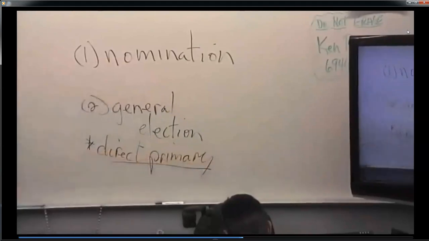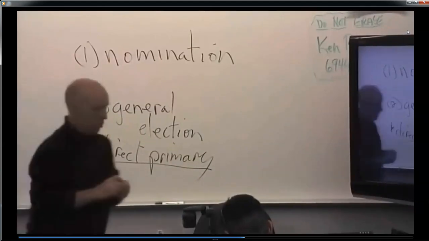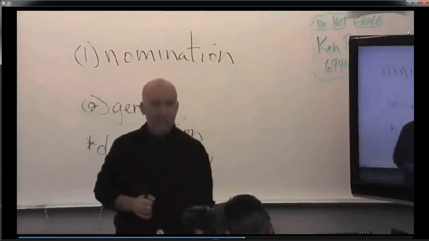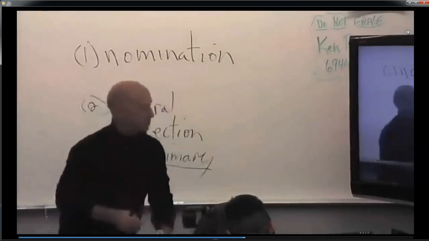This nomination process is what we call a direct primary. So make a note. Okay, put a little asterisk by that or underline it or something. And hang on to that, because as we talk about this process as it pertains to presidential elections, you'll want to be able to make that distinction.